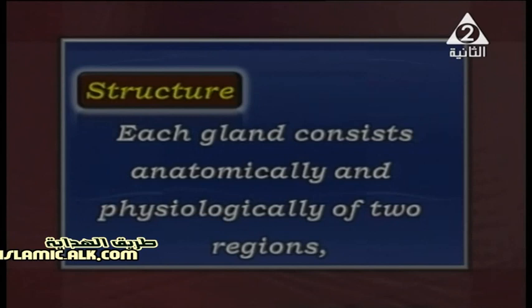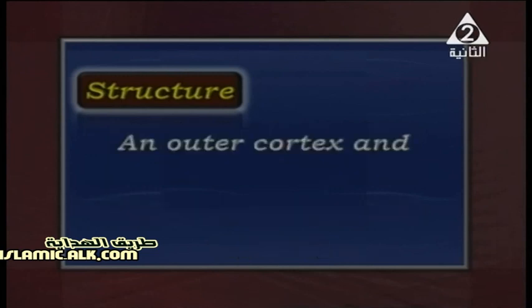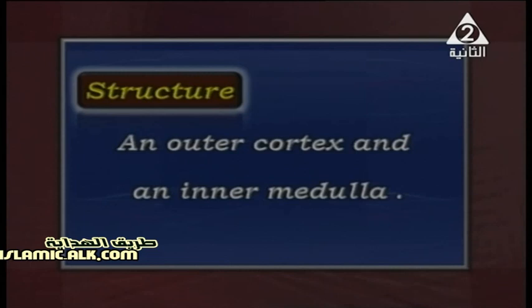One is the outer region, which is called the cortex, and the inner, which is called the medulla. We need to know the hormones of both regions. Let's start.